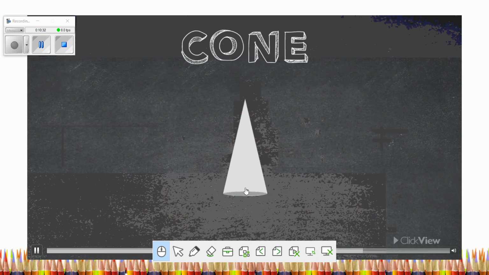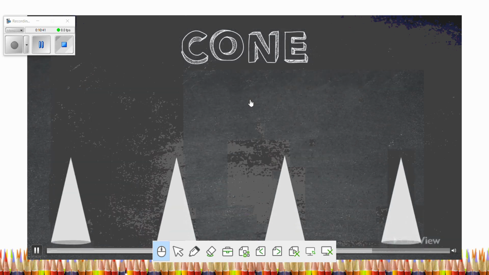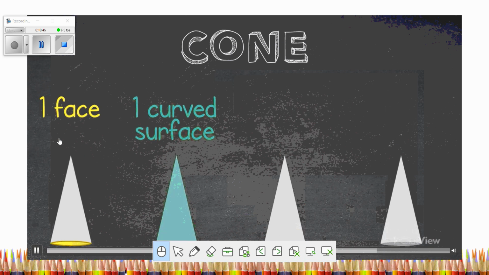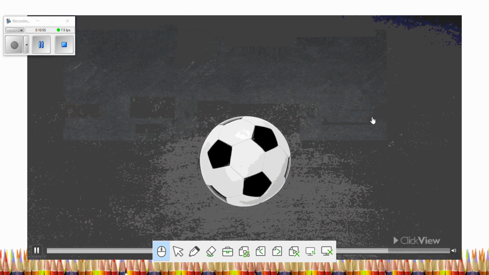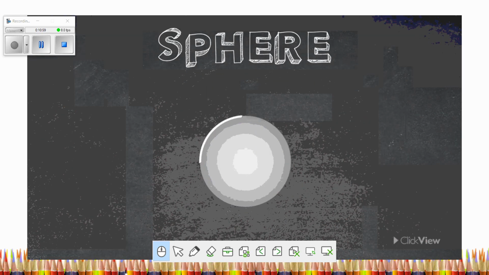This is cone, and the cone has one flat surface and a point. Some of the books said this is vertex. So it has one face, one curved surface, one edge, or you can say zero edges and zero vertex, or one.